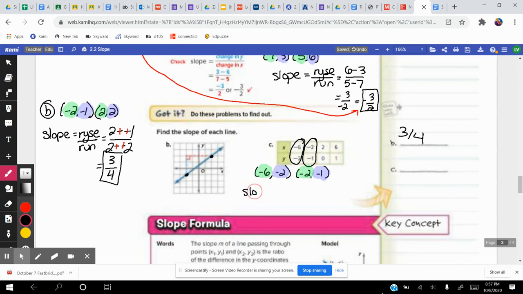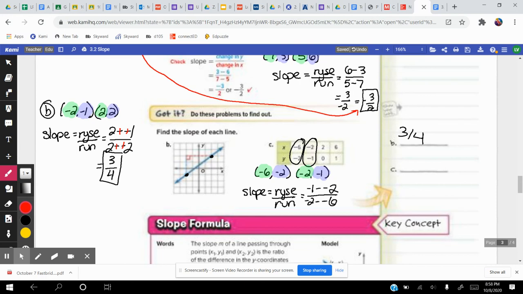So I have my slope, which equals rise divided by my run. So I'm going to find my change in y values. Take my second y value minus my first y value. So negative 1 minus negative 2, divided by my second x value minus my first x value.